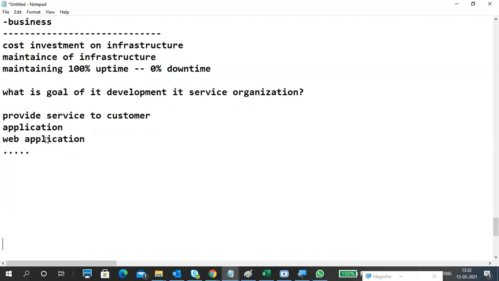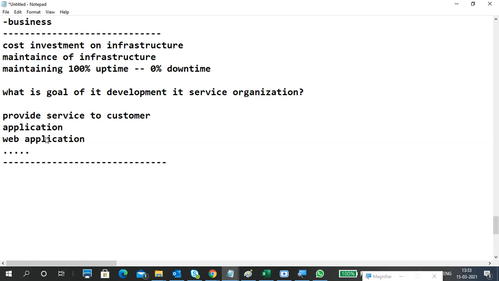Guys, this is also important, not the stories, because I will mix up everything into different parts. This is currently cloud only, but I will try to make you understand. Whatever infrastructure you are maintaining, that is not the end. What is the service you are providing to the customer, and the service must be 100% uptime, so we can easily deliver it to the customer.